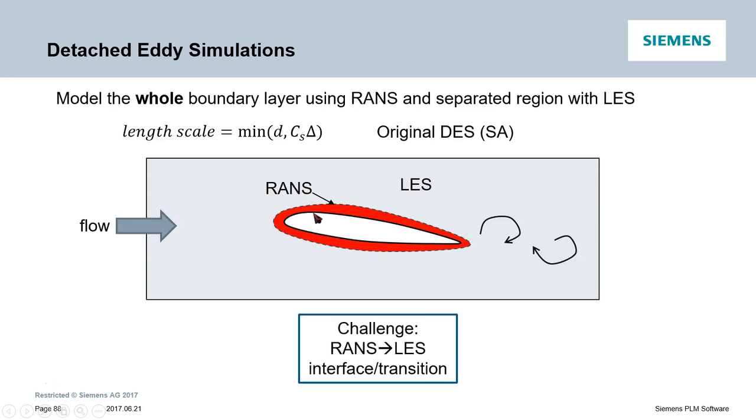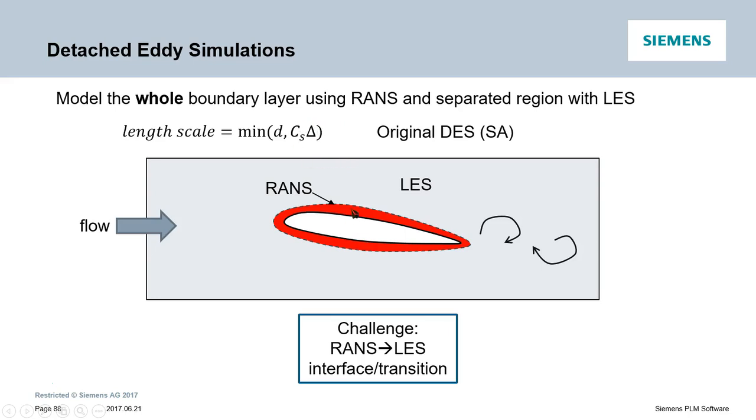But how do we make this switch from RANS to LES? That's the primary challenge in DES. Since Spalart's model was using a length scale, he proposed that we can modify this length scale to make this switch. So he introduced this DES length scale, which is the minimum of wall distance d and C delta.